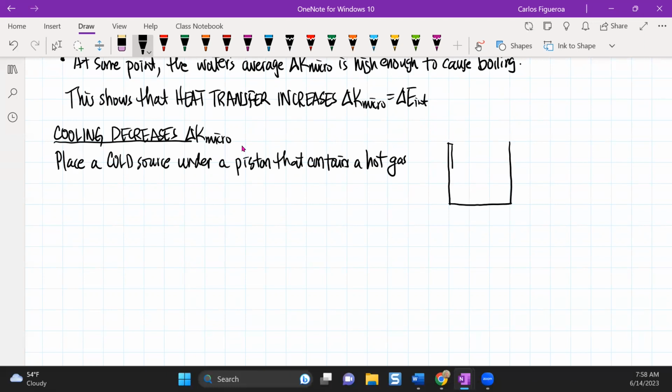So I have my piston, and my piston head, and I have a hot gas inside this container right here. Now underneath it, I have my cold source right here.